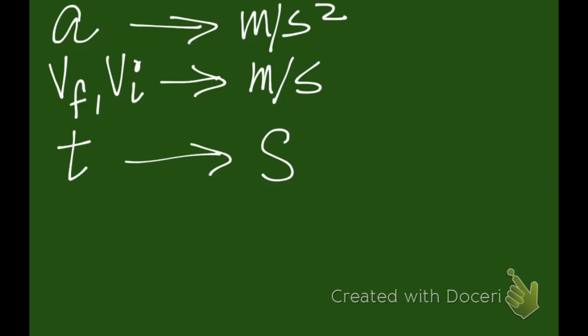Okay, let's talk about units. The units for acceleration are meters per second squared, and if you think about that, that makes sense because it's the change in velocity every second. So it's meters per second, per second, which is meters per second squared. The initial and final velocities are both measured in meters per second, and time is going to be measured in seconds.